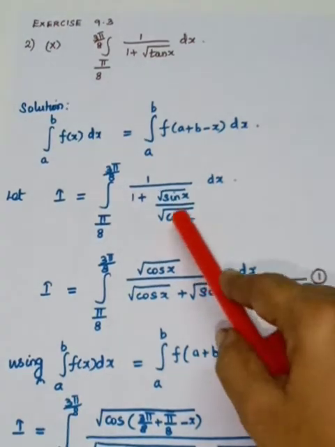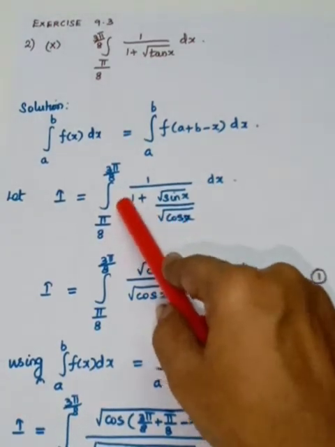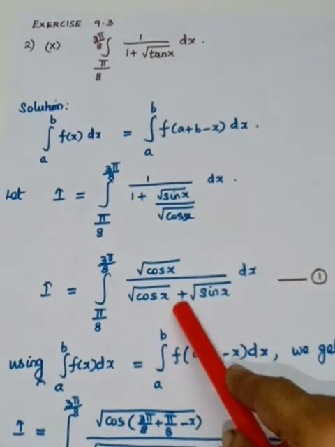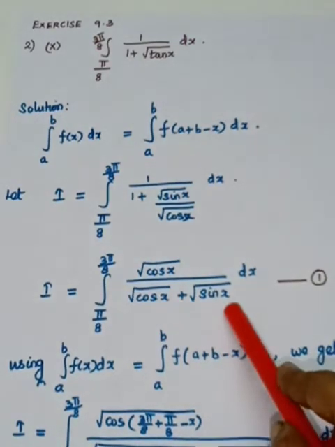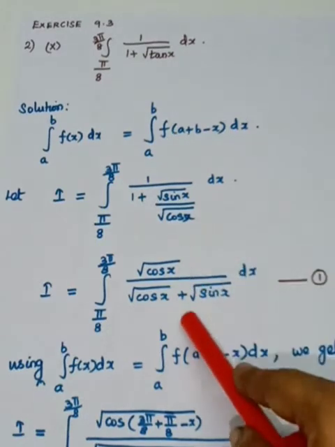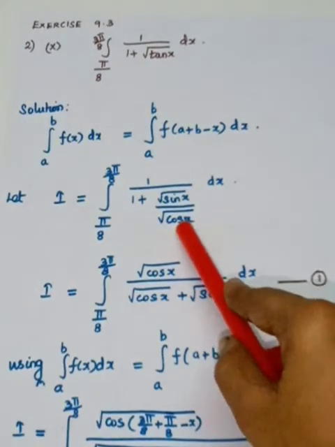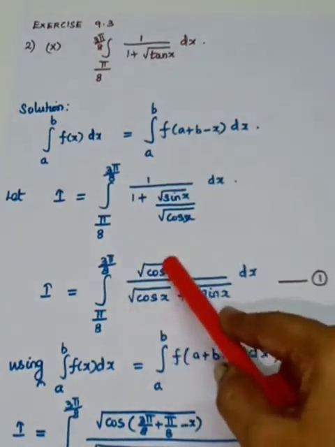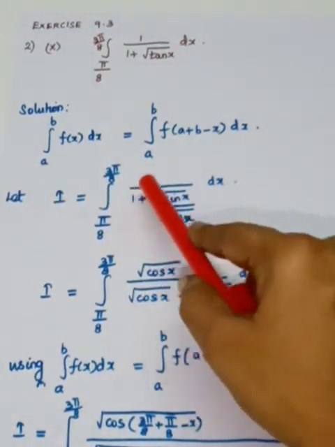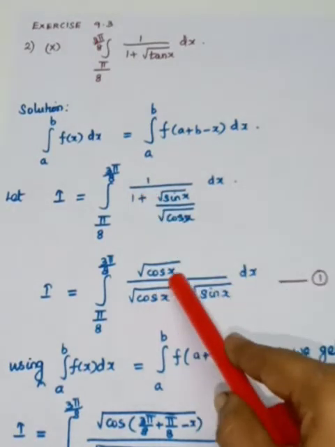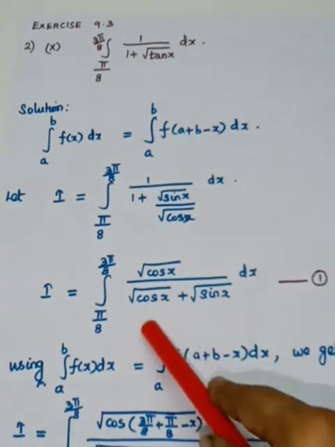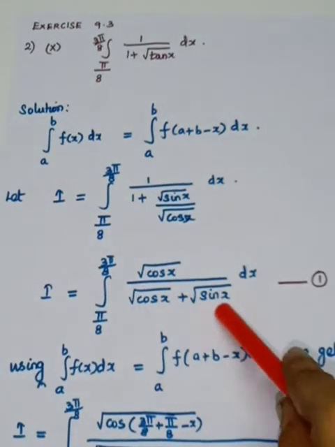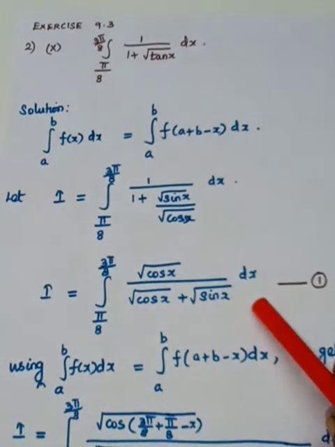What is the LCM? Square root of cos x. If you multiply with 1, it is square root of cos x plus square root of sin x divided by square root of cos x. This square root of cos x is in the denominator of the denominator, so it will go to the numerator. So after taking LCM, I write this function as square root of cos x divided by square root of cos x plus square root of sin x into dx.